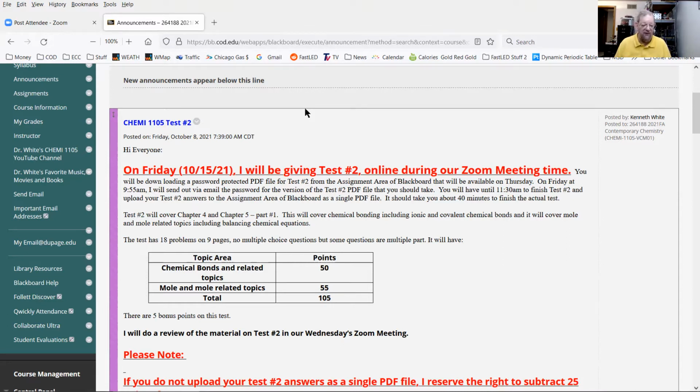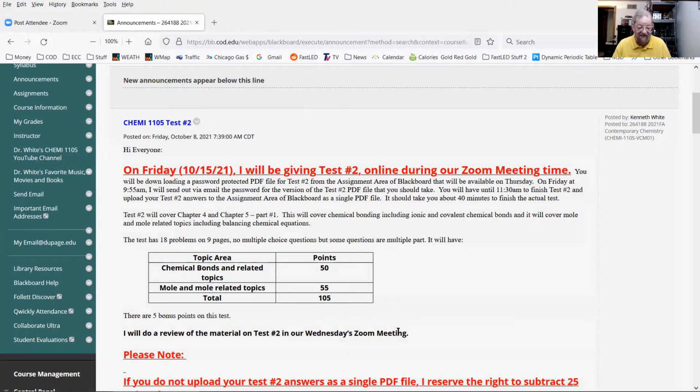Now, point breakdown. For chapter 4, chemical bonds and related topics, there's 50 points. For mole and mole related topics, there's 55 points. If you notice, it adds up to 105, and what that means is there's five bonus points on test number 2. The way I do bonus points, I do not put a super hard problem at the end and say that's your 5 bonus points.